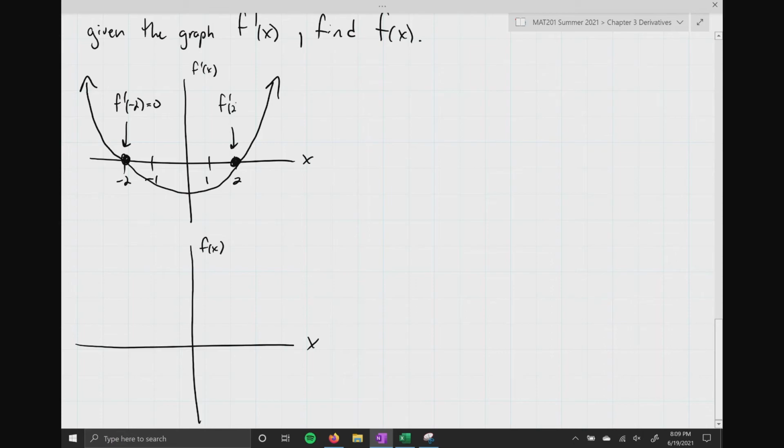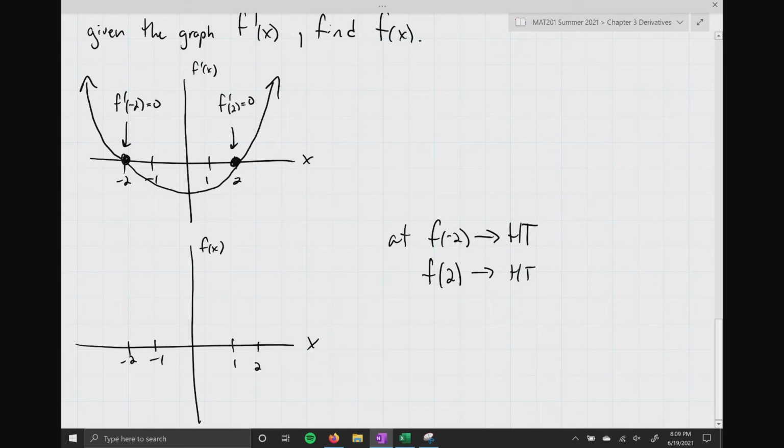F prime of positive 2, my derivative equals 0. So if I come underneath here, I know that at negative 2, I have a horizontal tangent. So at f of negative 2, horizontal tangent, f of positive 2, horizontal tangent as well.